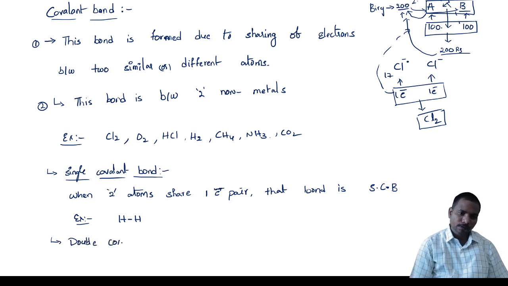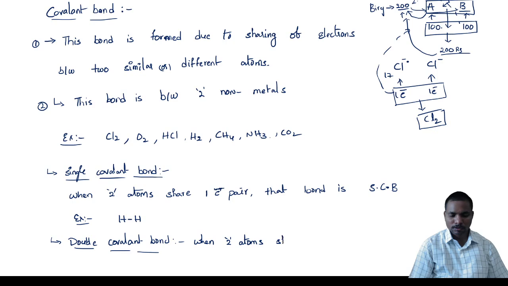double covalent bond. When two atoms share two pairs of electrons, that bond is a double covalent bond.